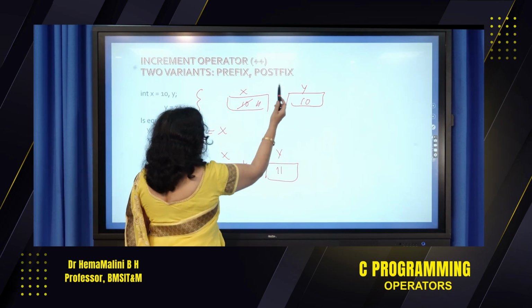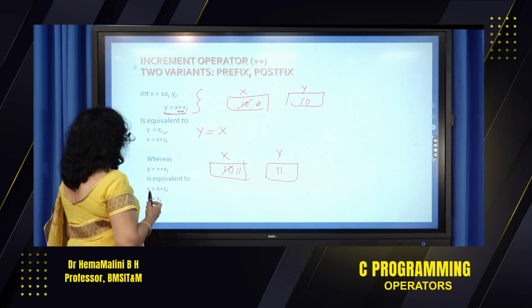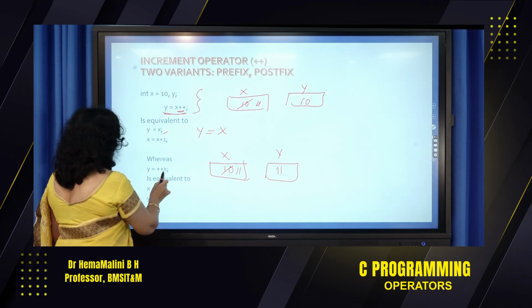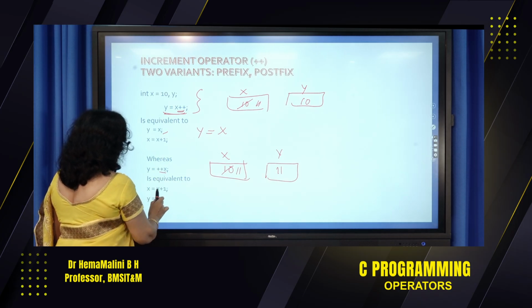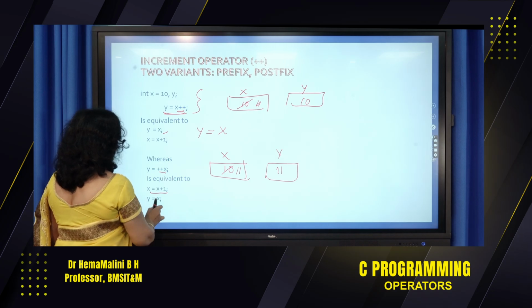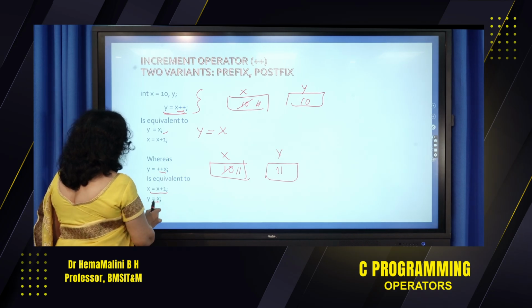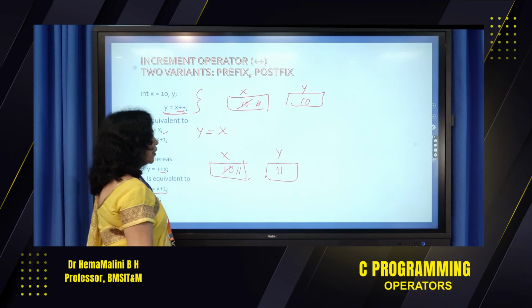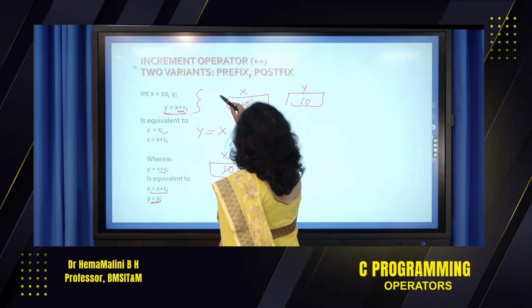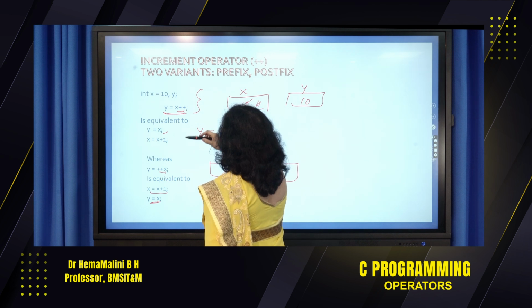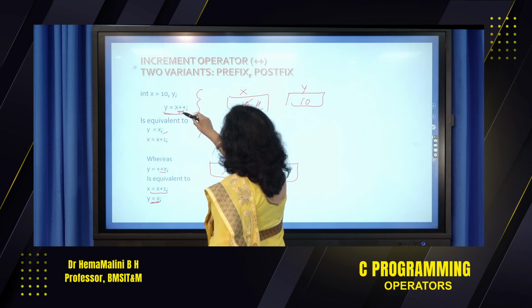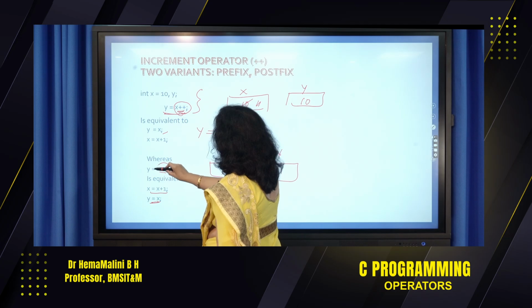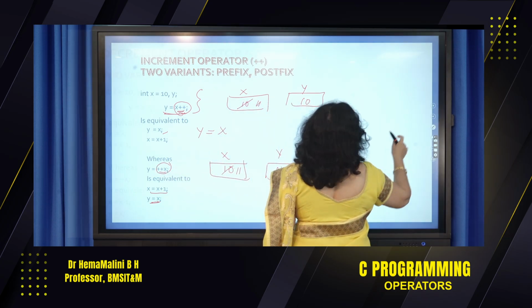In the earlier case, y got 10, here y is going to get 11. So it is equivalent to, first we are incrementing x, x gets x plus 1. The value of the new x is stored in y. So this is how pre-increment and post-increment work. This is post-increment, this is pre-increment.